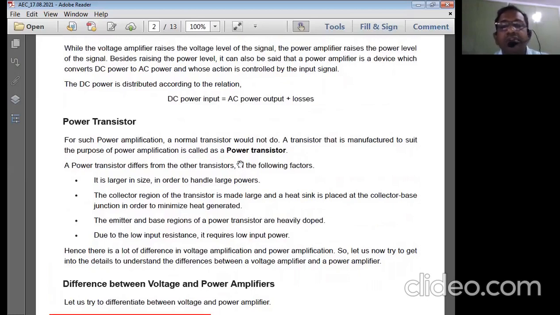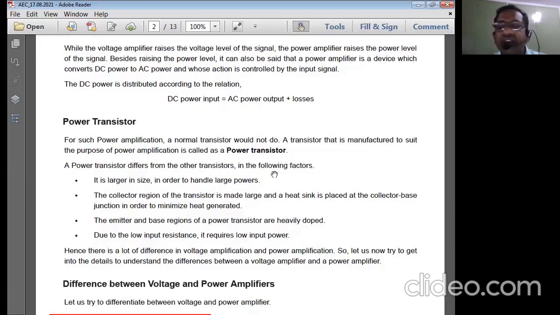Okay. Now, since the power amplifier is intended to transfer large amounts of input signal, after amplification the voltage level is also still going to increase more than the input voltage, definitely. That means the power dissipation through the power amplifier is also going to increase because of large voltages and obviously large currents.